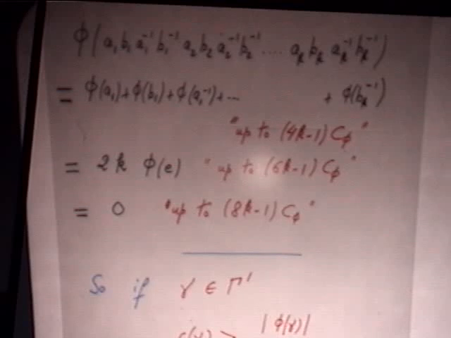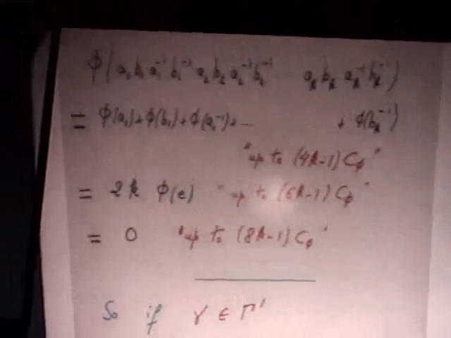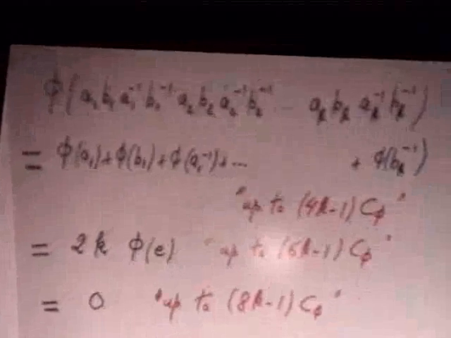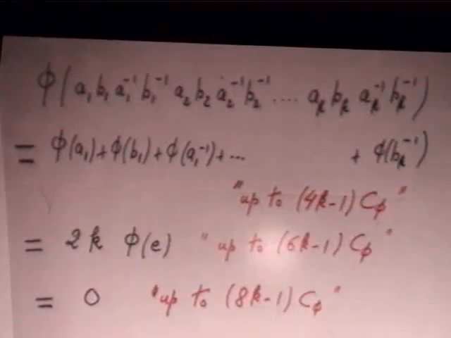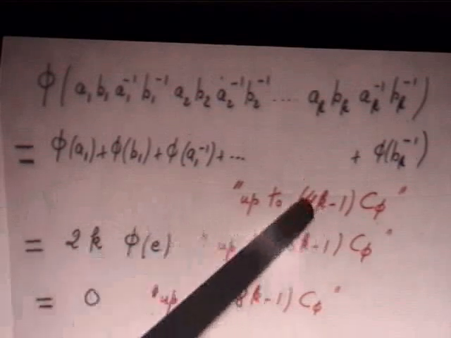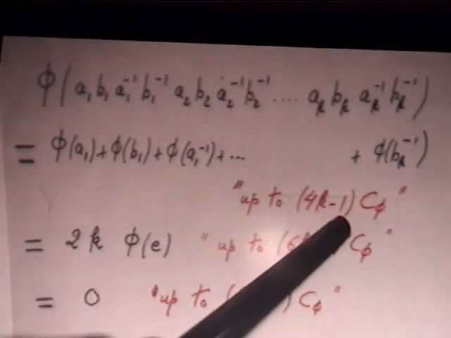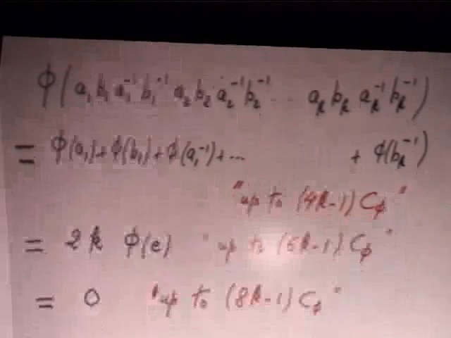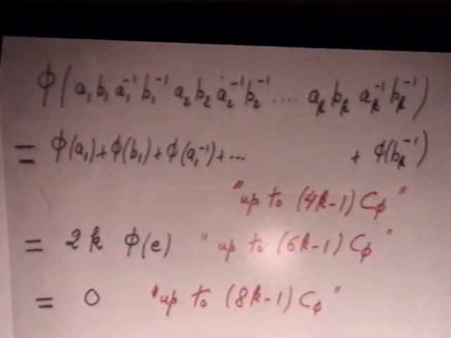So this means that phi of AB is phi of A plus phi of B plus an error, and the error is less than this constant C. So of course you can write that this big quantity, phi of A1, B1, A1 inverse, and so on, is equal to phi of A1 plus phi of B1 plus phi of A1 inverse, and so on, with an error which is at most 4k minus 1 times the constant, because you have a word of length 4k, so you use 4k minus 1 multiplications.